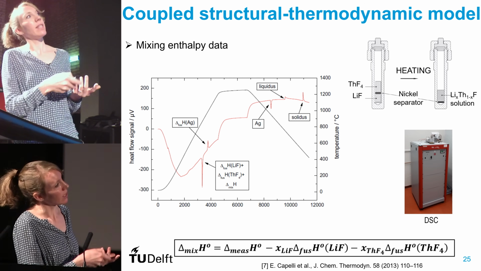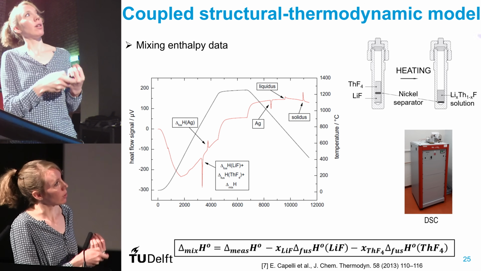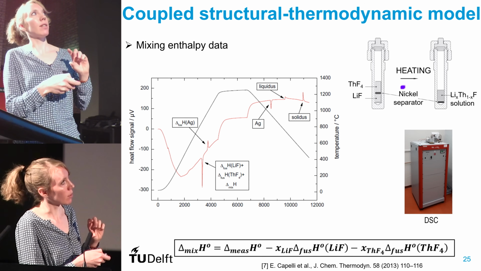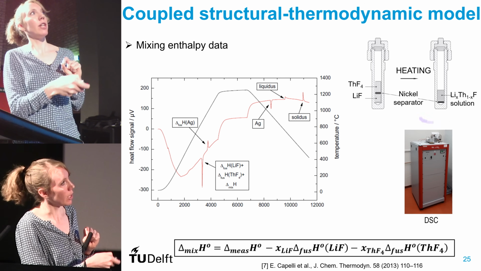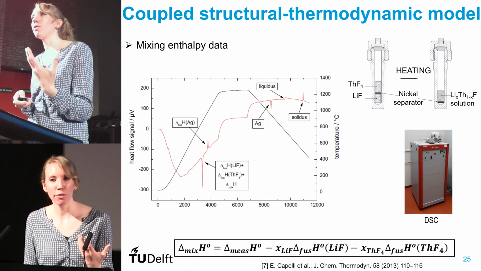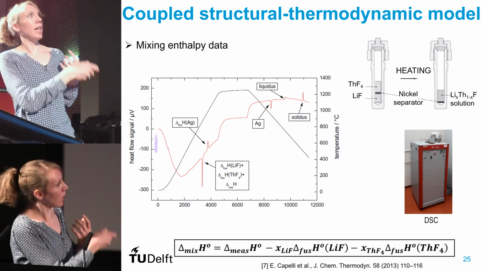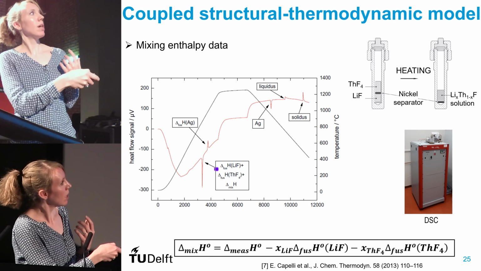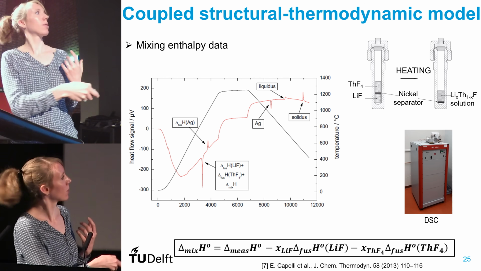We have pellets here in a calorimeter, and we heat up this crucible with these samples, and at some point the lithium fluoride will melt, and then we will form a liquid solution, and we measure the heat associated with this event. So here you have the heat flow of the calorimeter as a function of temperature and time, and here is the event when the mixing occurs.